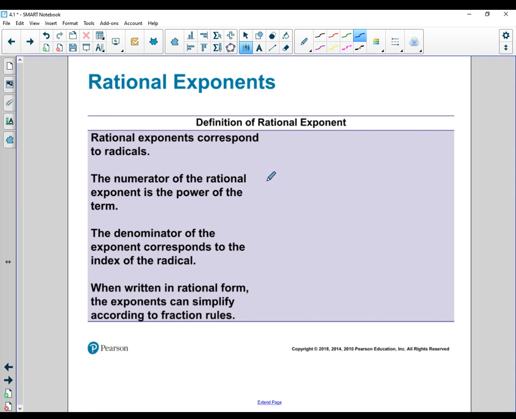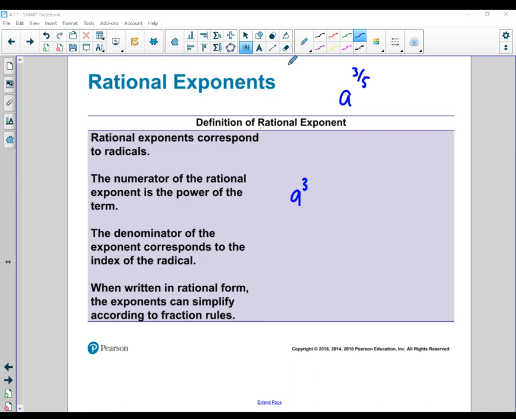So let's make this whole example out of a to the 3/5. That's a fraction. The number in the numerator is the power of the term, so a is our term, so we're going to have a to the third.